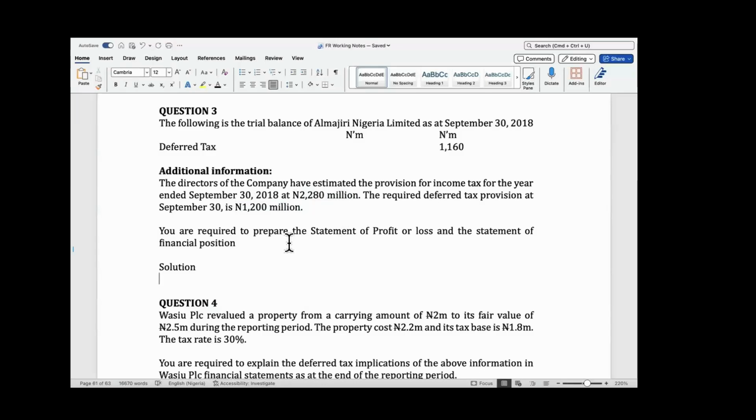So in this case, the estimate of current tax first. See, the estimate of current tax for 2018 is 2280. That's the income tax for the year, right?